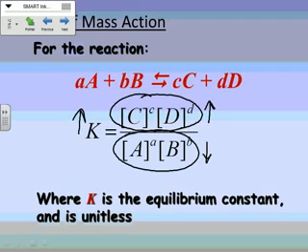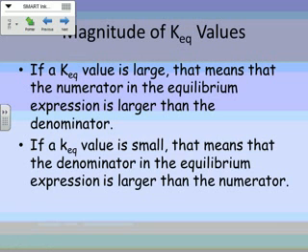So if that's the case, what that's telling you is you have a higher concentration of products than you do reactants, okay? And so what that means is basically you've got a lot of the product and not a lot of the reactants in your equilibrium, okay? So the point at which the rate forward and backwards becomes the same is a point where you have a lot of the product and not very much of the reactants.